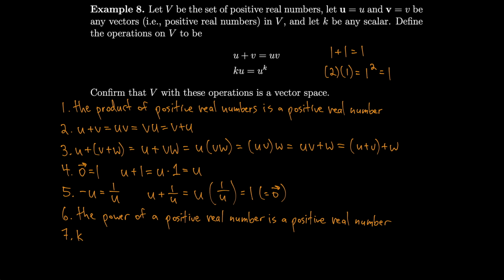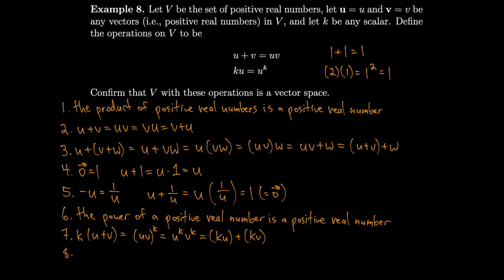Now let's take a constant times u plus v. That's uv to the constant power. But the exponent comes out by properties of exponents, so that's u to the k times v to the k, which is just ku plus kv.